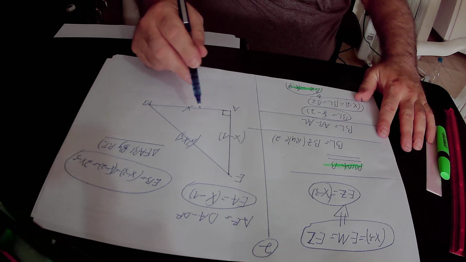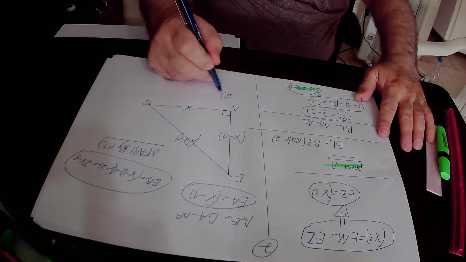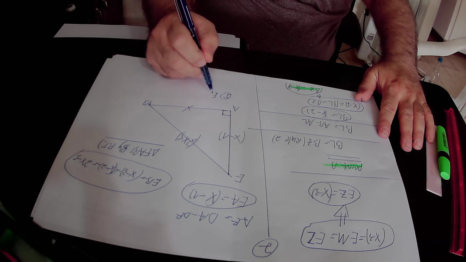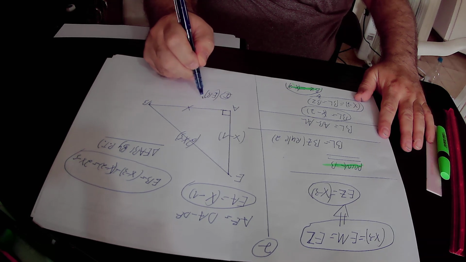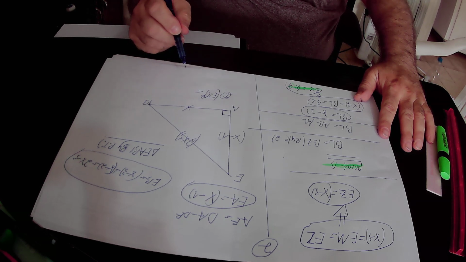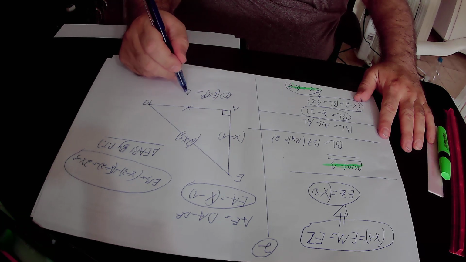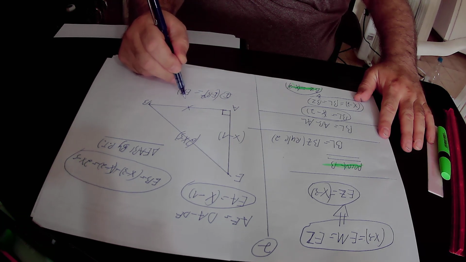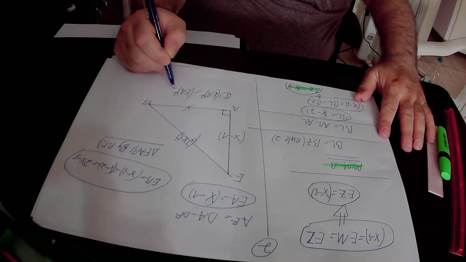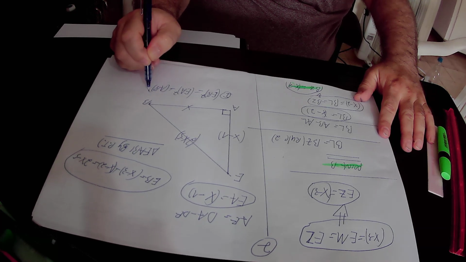The hypotenuse is EB, therefore the square of the hypotenuse is EB squared, and it must be equal to EA squared plus AB squared. Okay?